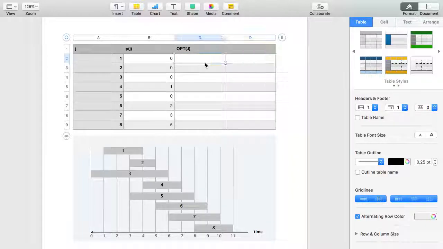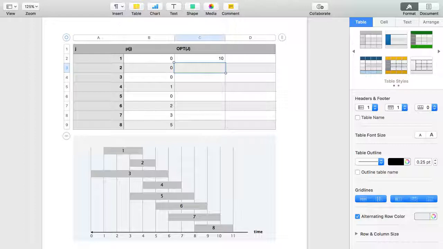So in here, OPT of 1 is going to be 10, right? We said that each job has weight 10 times its index. So OPT of 2 is either, if I include 2, what's the value? 20. If I don't include 2, what's the value? Wait, no. If I don't include it, it's 10.